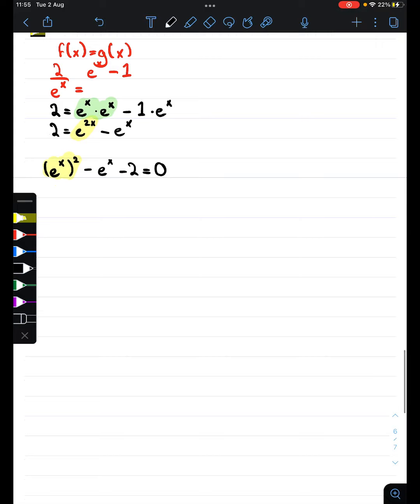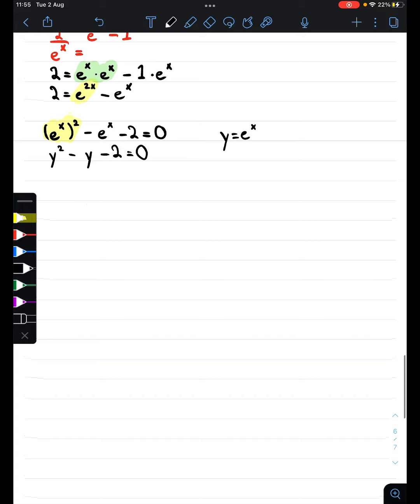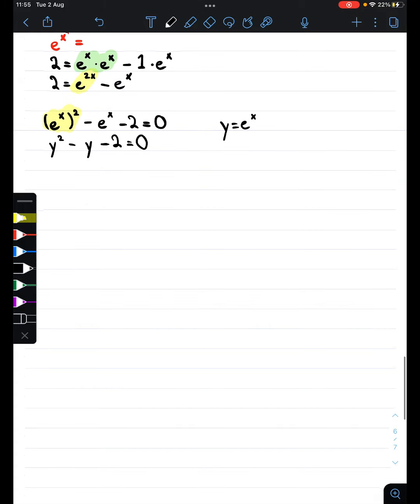Okay, and now let's say we let y equal e to the x. We'll just substitute in y wherever we see e to the x. Then we'll get y squared minus y minus 2 equals 0. And now we're pretty sure we could solve something like this.